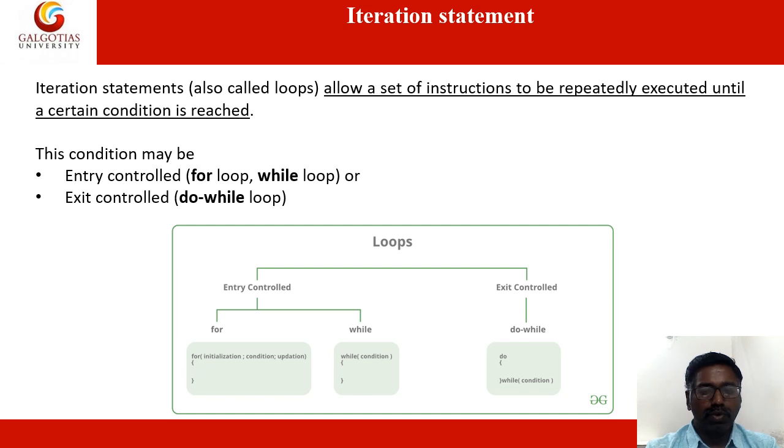If the condition is true, the code will be repeated; otherwise, it will come out of the loop. This exit controlled loop, the do while loop, will execute at least one time.